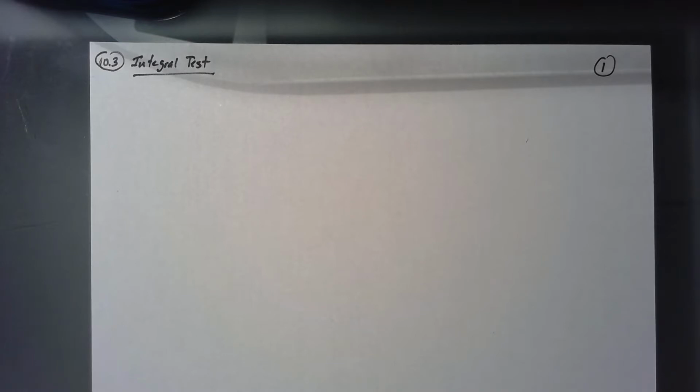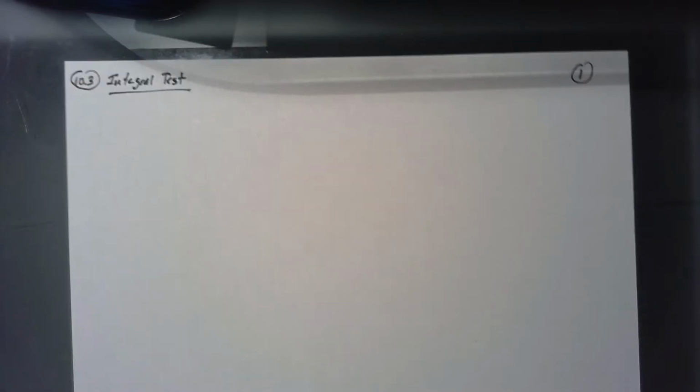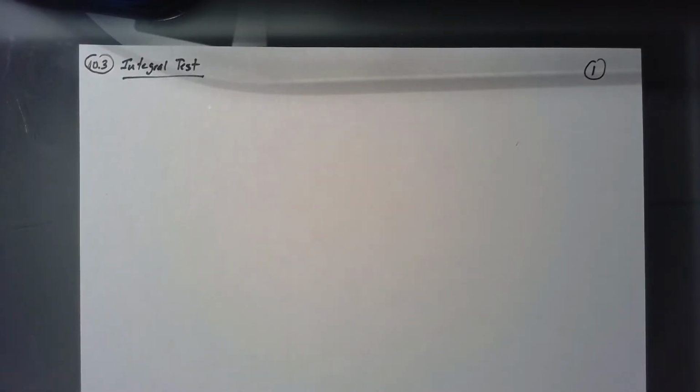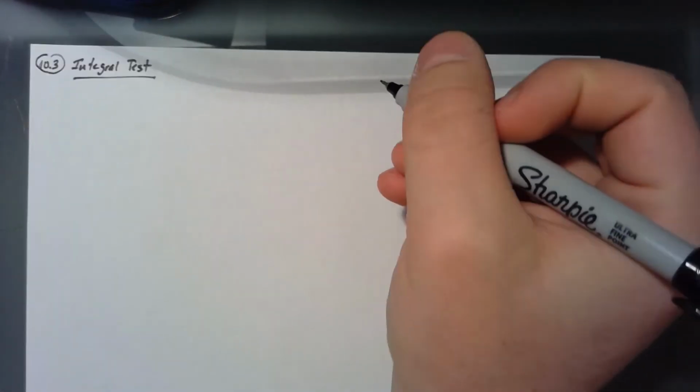All right, the integral test. So what we'll be looking at here is another way to test a series, whether it converges or diverges. I'm going to be adding to this list as I go on.